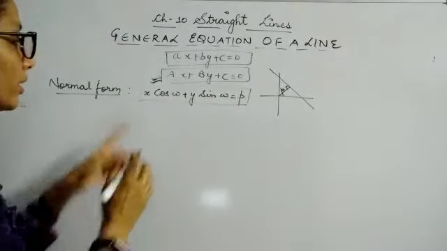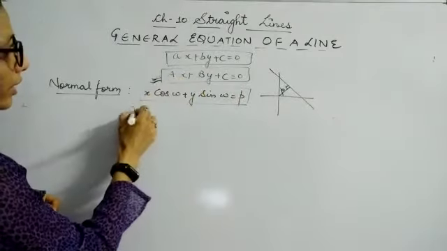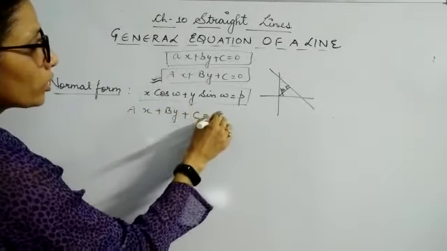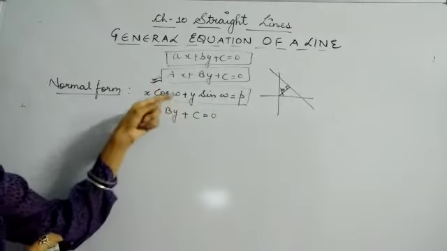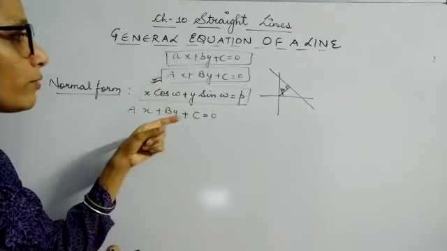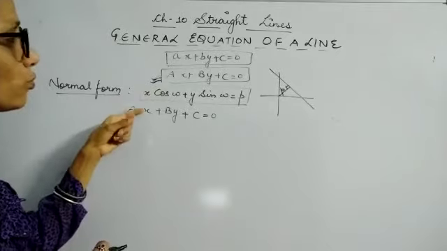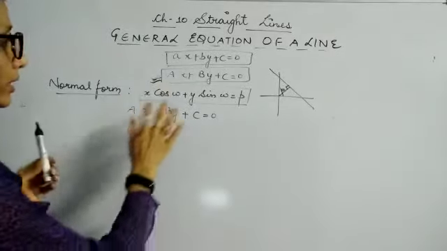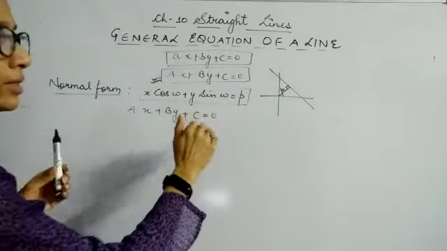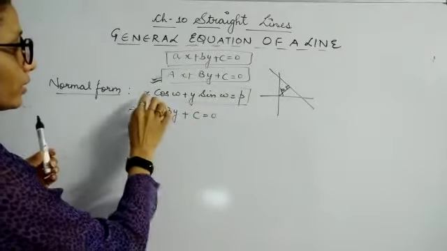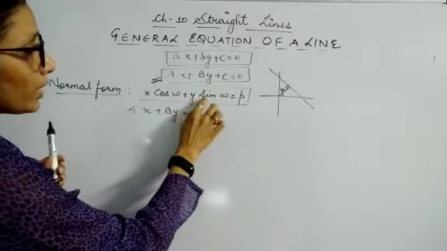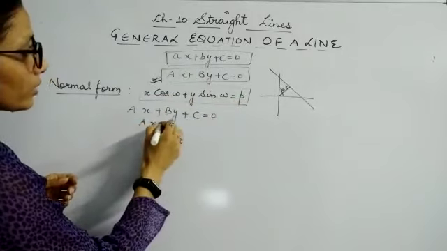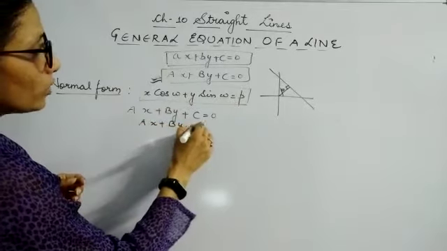Now children, your equation is ax plus by plus c equal to 0. You can compare these two and you will find that they are in the same form. This is x cos omega plus y sin omega equal to p, and this can be written as ax plus by equal to minus c.